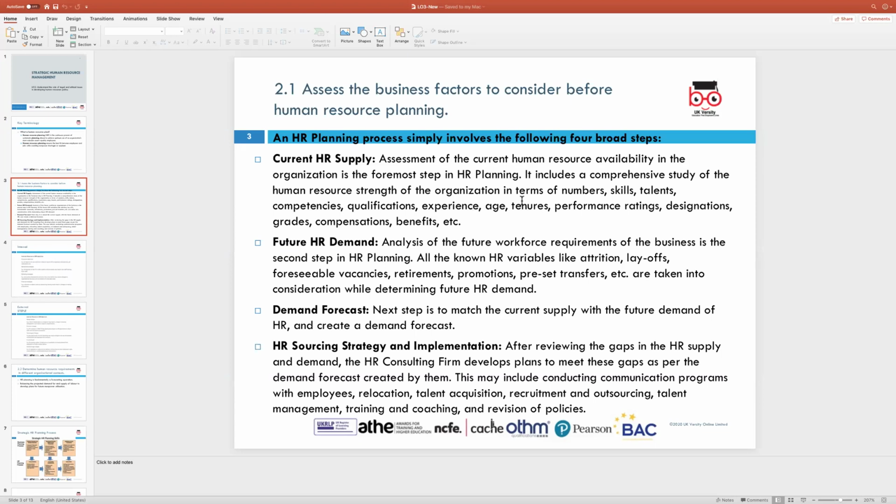If they're not getting paid well for the job or the input they're giving, they might look at different organizations that pay them more for the same role.